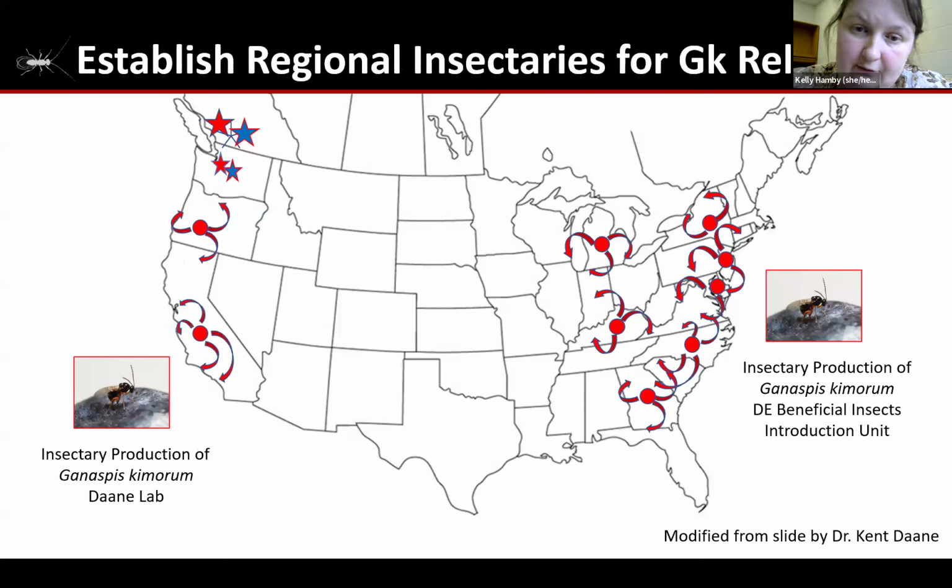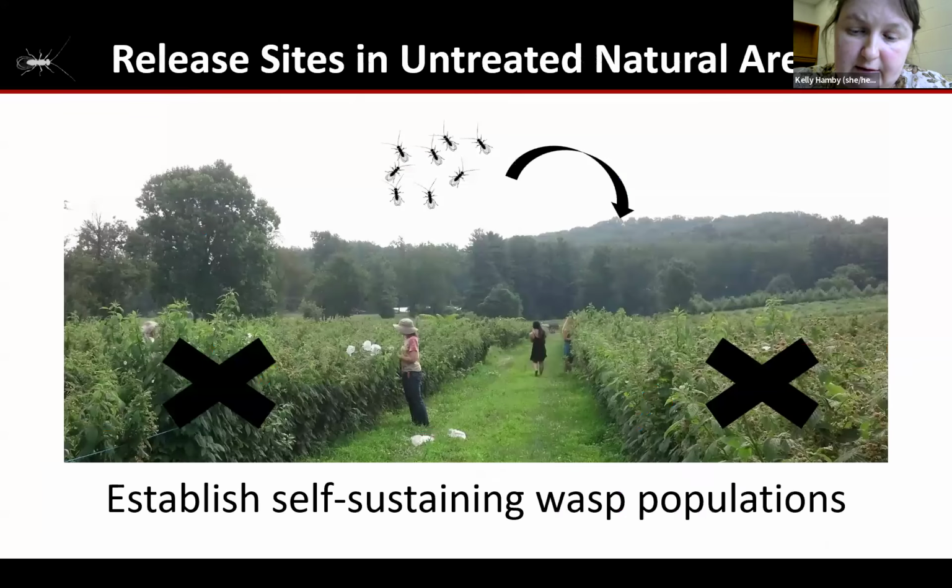But we have been working throughout the United States, rearing Ganaspis kimorum for releases in all of these different areas, including our local rearing facility in Newark, Delaware, and trying to establish them in regional insectaries. Our goal with importing these wasps is to have established, self-sustaining wasp populations.